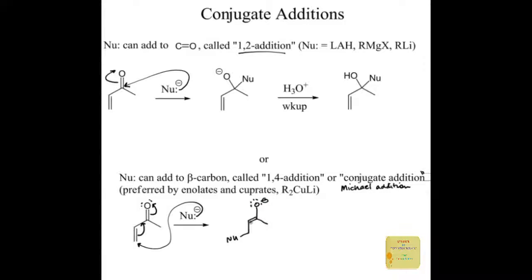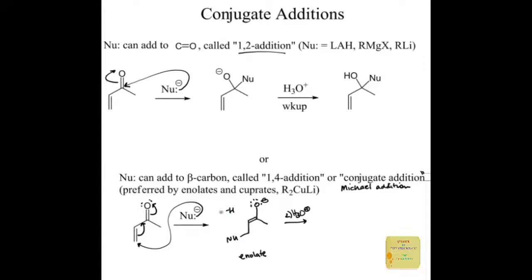Does this intermediate look familiar, when we have a double bond and an O minus on the same carbon? This is an enolate. We're going to get an enolate intermediate when we do this conjugate addition. And when we do step 2 and we work this up, how would we protonate? Well, we're not going to protonate up on the oxygen because that would give us an unstable enol.